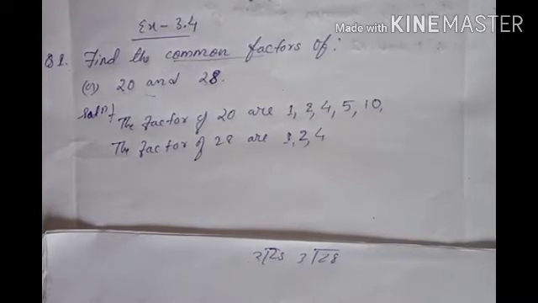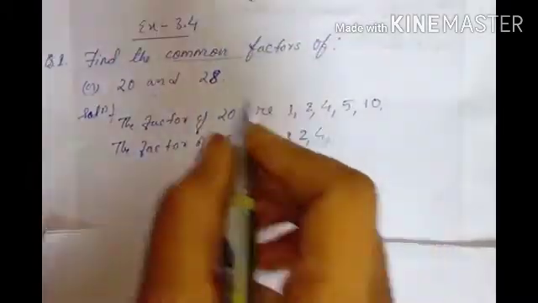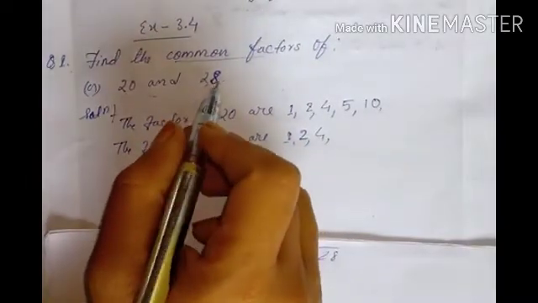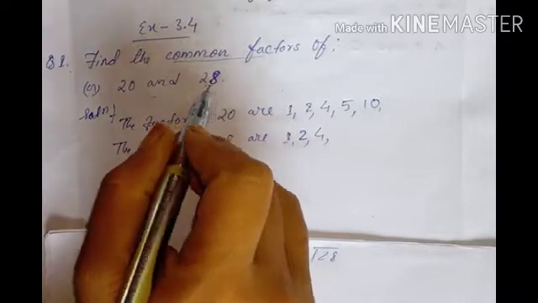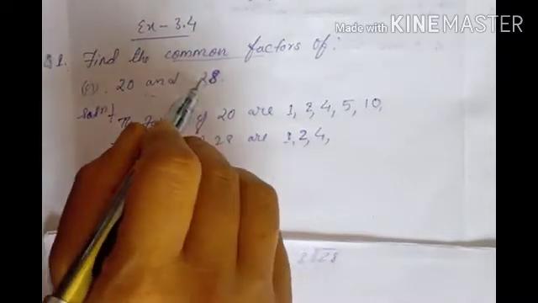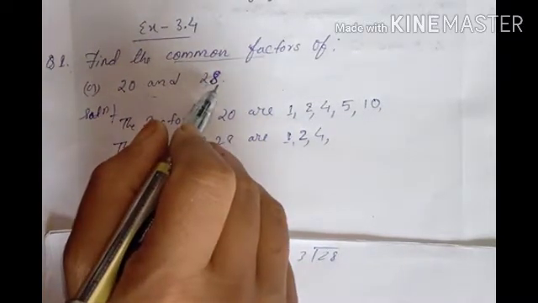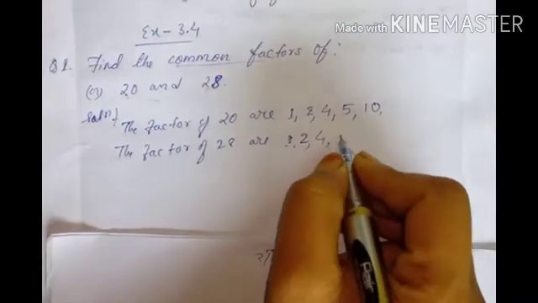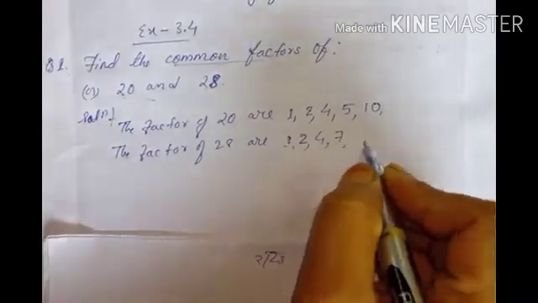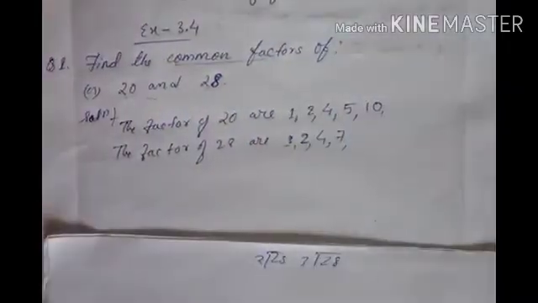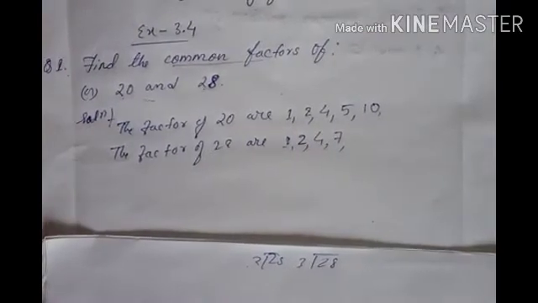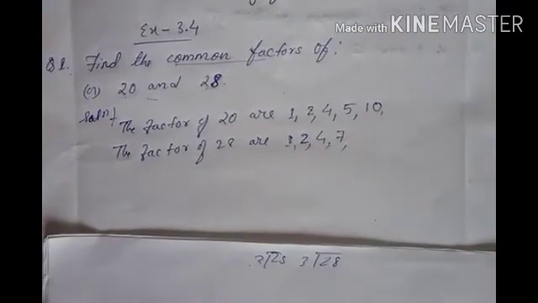Then 5 is not a factor of 28, because to be divisible by 5 the number should end in 5 or 0, isn't it? Now 6, is 28 in the 6 table? No. In the 7 table? Yes, because 7 fours are 28. Now 8 table? No. 9 table? No. 10? No. 11? No.